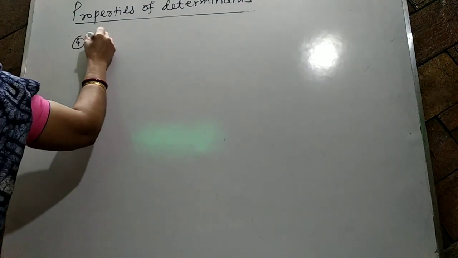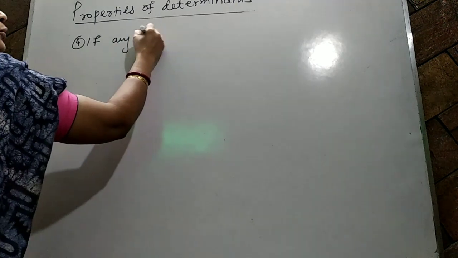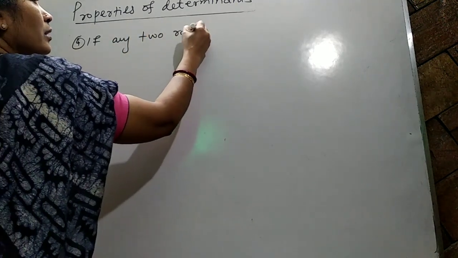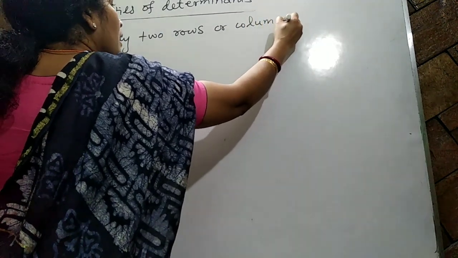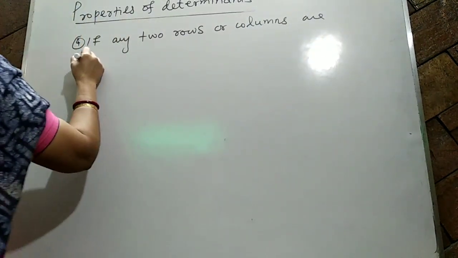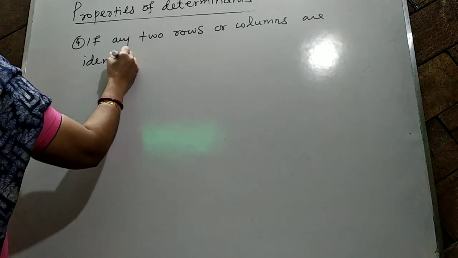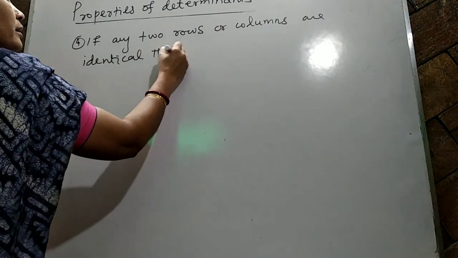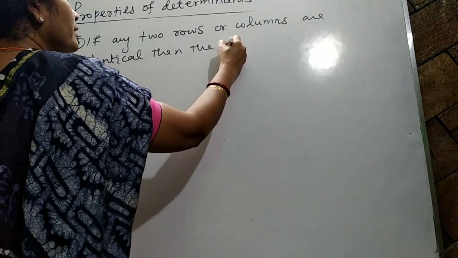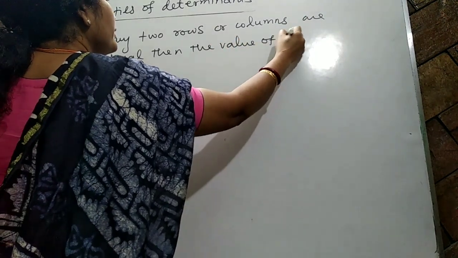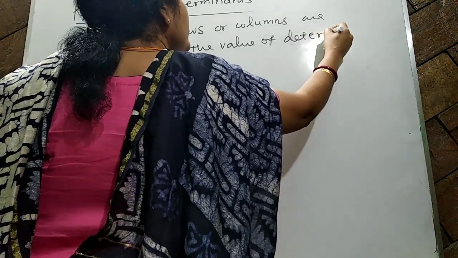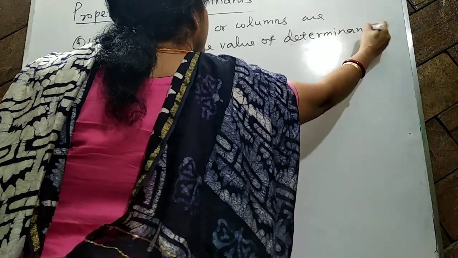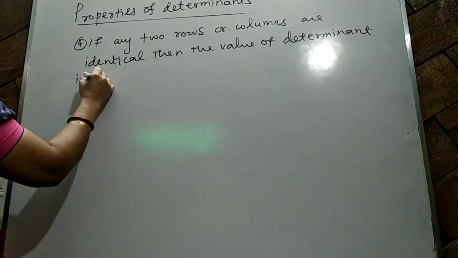Property number 4, if any two rows or columns are identical, then the value of determinant is 0.